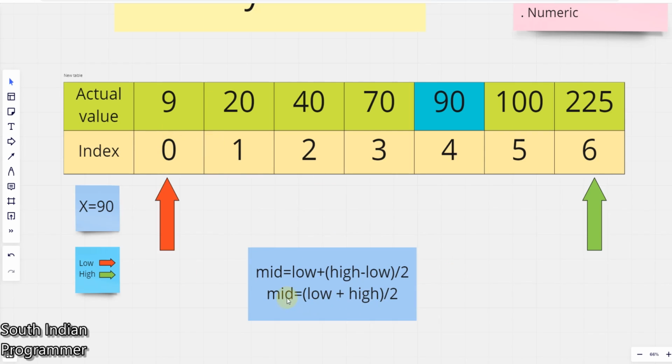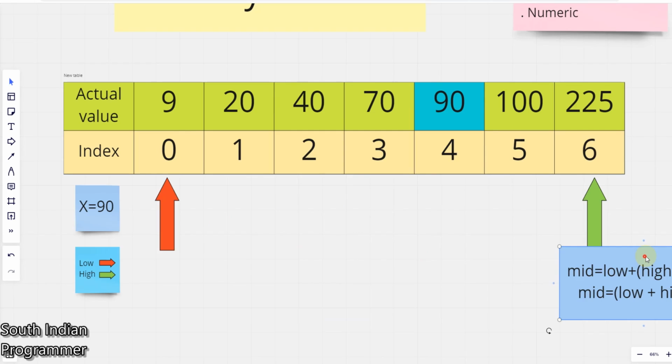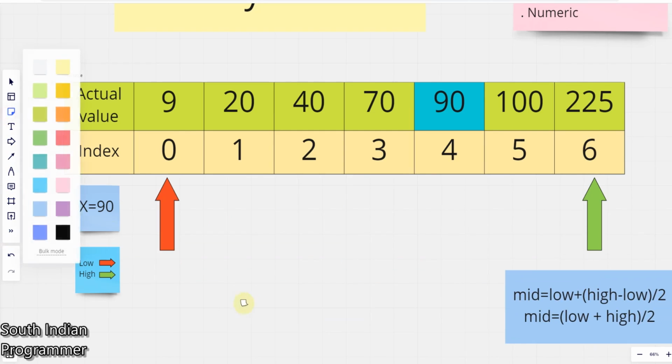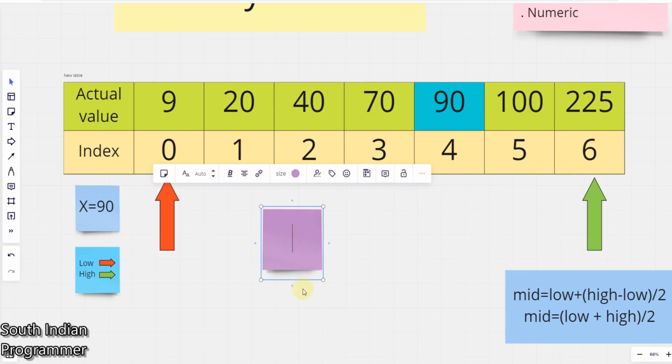So here I have the positions 0 and 6. I'm taking these two positions, 0 and 6. This is lower and this is higher. So what I do is keep moving this one here. I have one more.